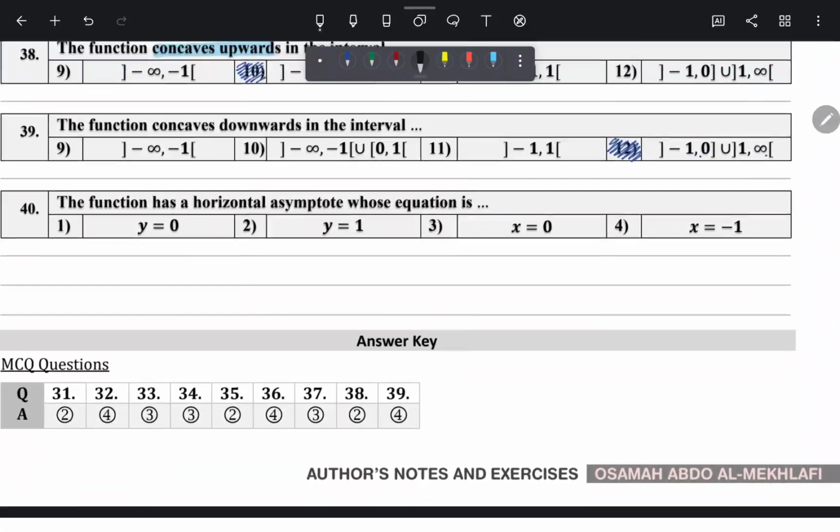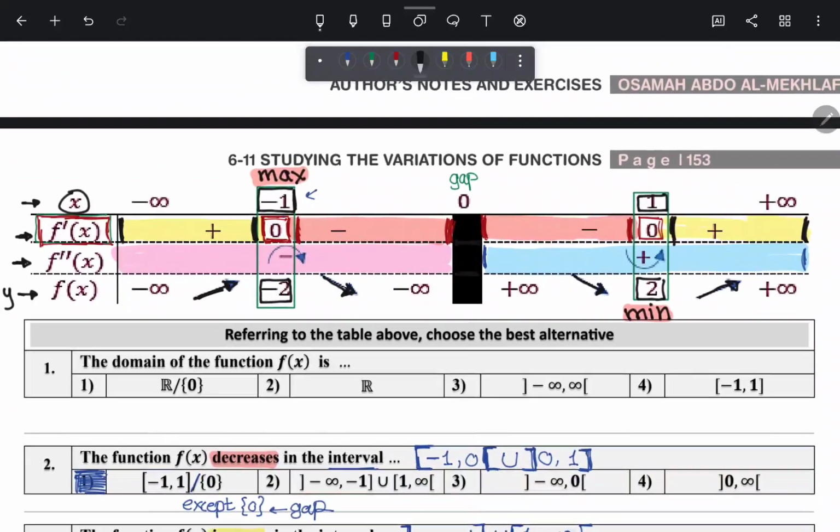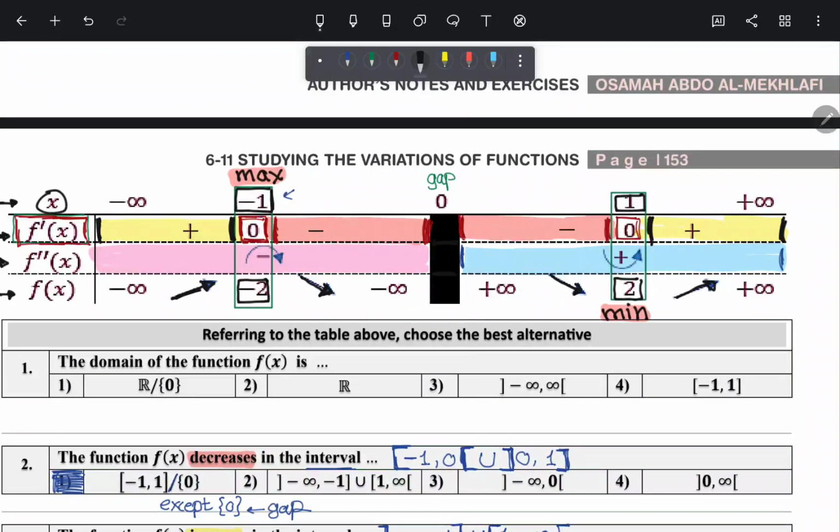There is no question about vertical asymptotes among the questions, but I can write this as a note here. Note that this means vertical asymptotes at x is equal to plus minus 1. Now look, in the second graph, do I have a vertical asymptote?